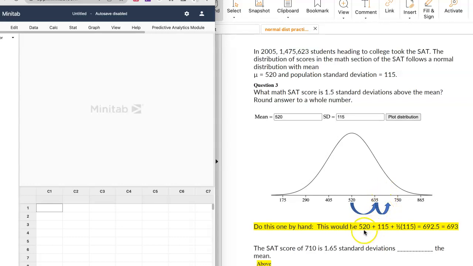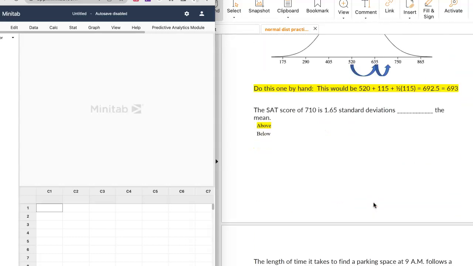And if we work that out mathematically, it's 520 plus 115 plus half of 115, which comes out to 692.5. It told us to round to a whole number, so that rounds to 693, the number exactly in the middle there. So that gives you a picture of a normal distribution with the mean and standard deviations plotted on it to make sure that you understand those.